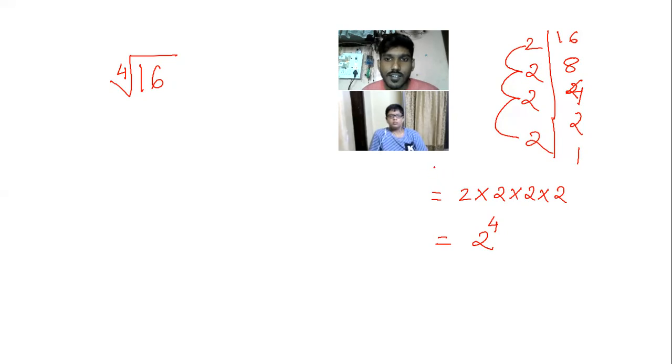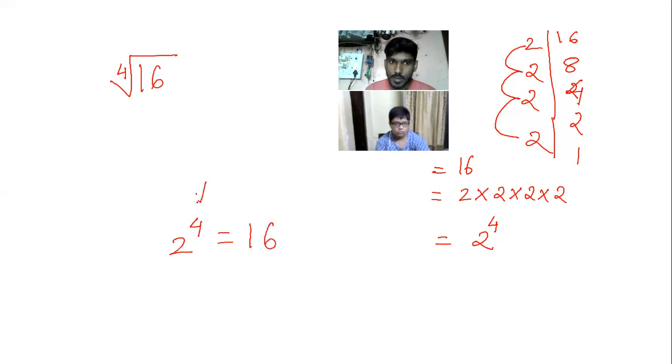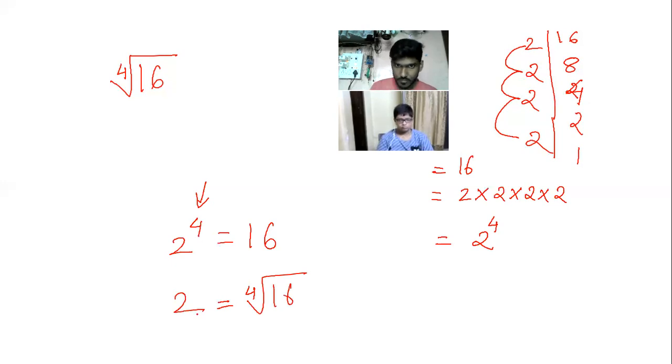Correct? 16, you can write it like this, and this is 2 raised to 4. So look carefully. 2 raised to 4 is equal to 16. So this power here is 4. This means that fourth root of 16 is 2. Did you understand this?